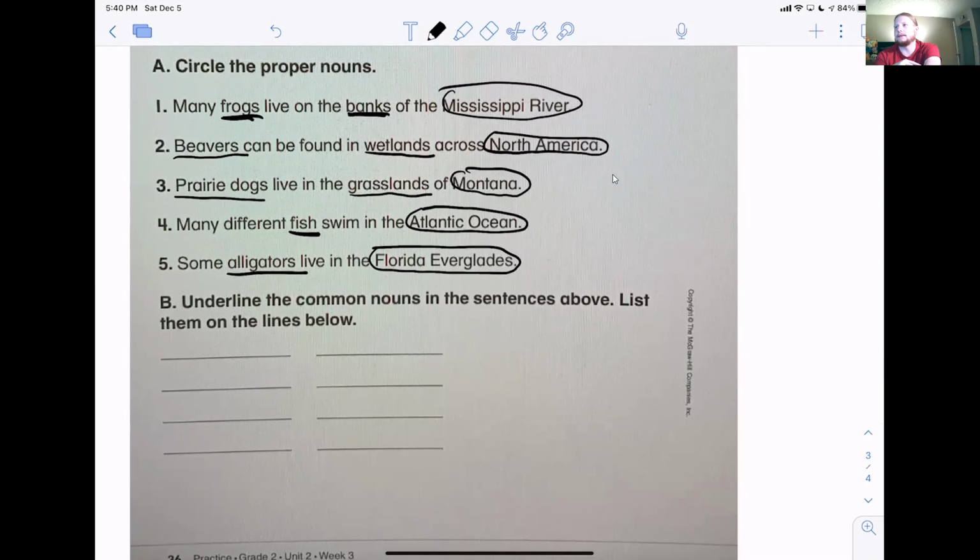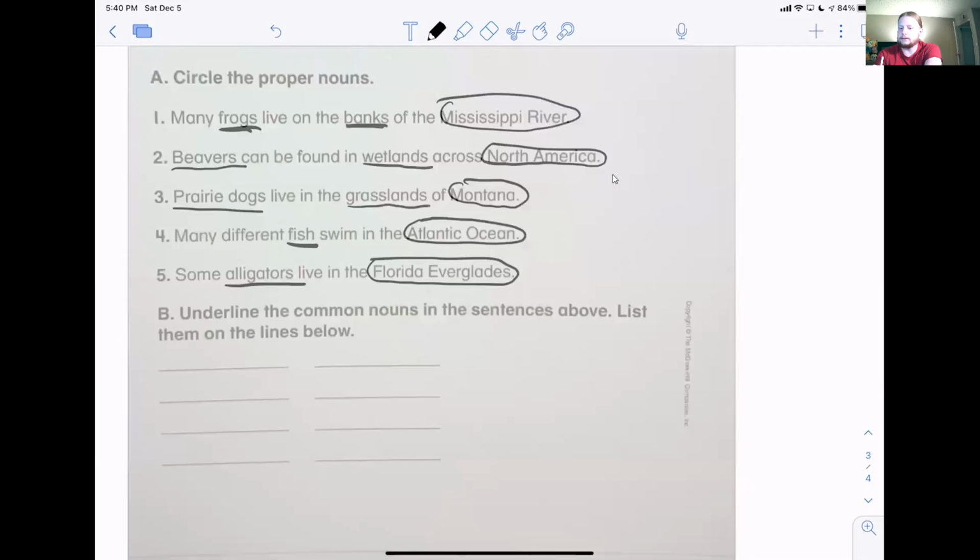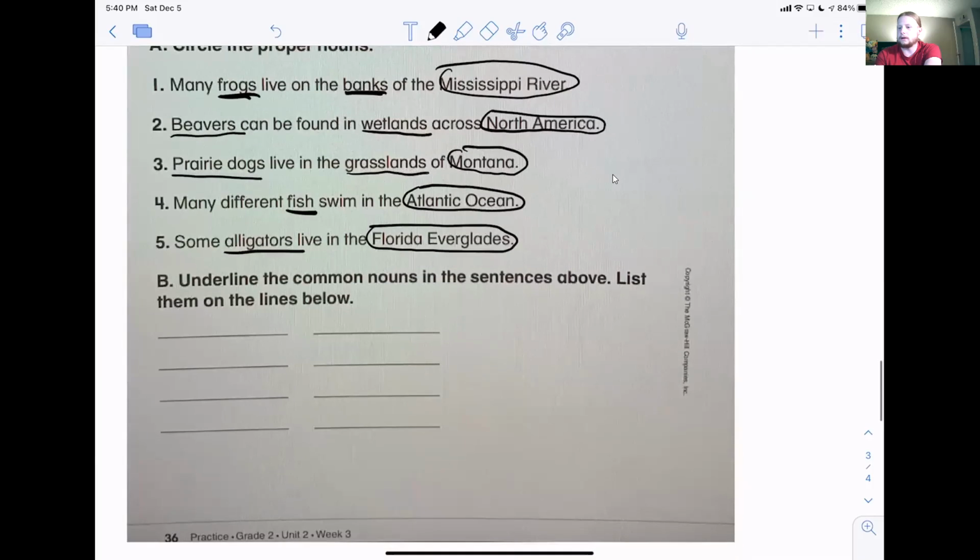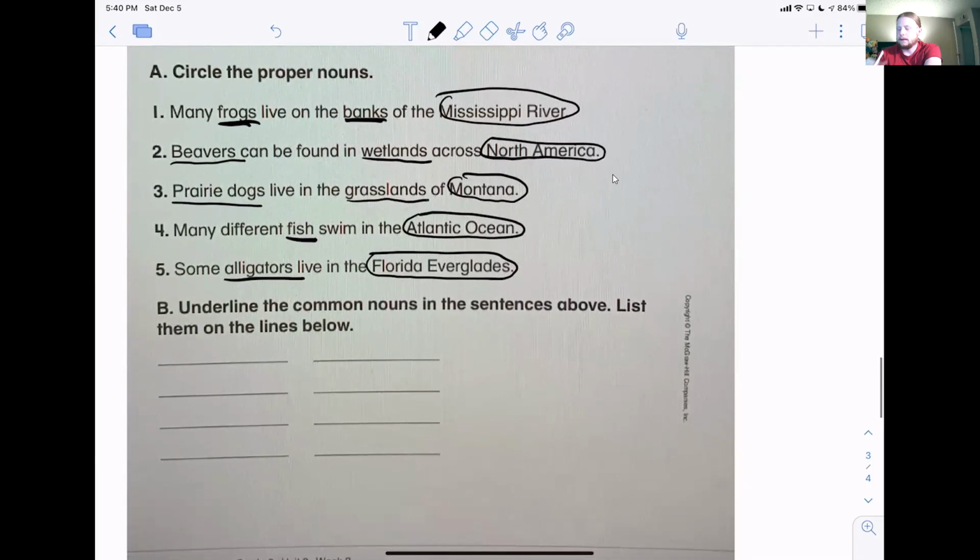His name is Snappy. Now, I don't know if his name's actually Snappy, but I like to think so. All right, now we already underlined the common nouns, and we don't need to list them because we already underlined them.